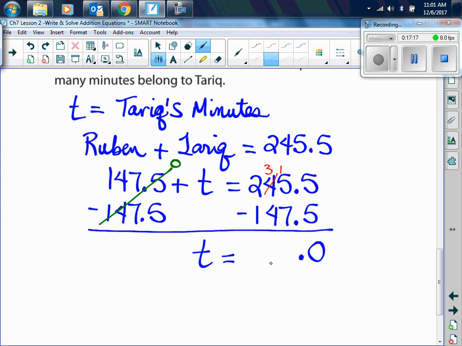So 15 minus 7 is 8. And now we have to borrow again over here from the 2. So 13 minus 4 is 9. And then 1 minus 1 is 0. So Tariq has 98.0 minutes.